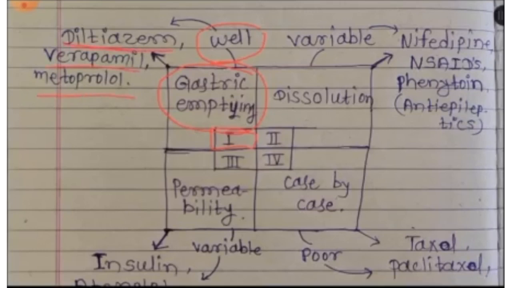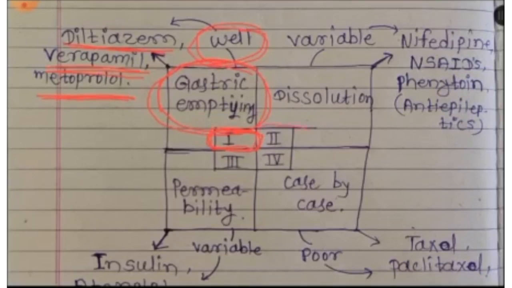Diltiazem and verapamil are calcium channel blockers and metoprolol is a beta blocker. So in class 1 drugs, gastric emptying is the rate limiting step for absorption, and they are well absorbed because of high solubility and high permeability.